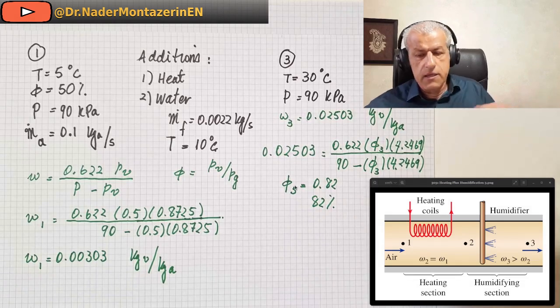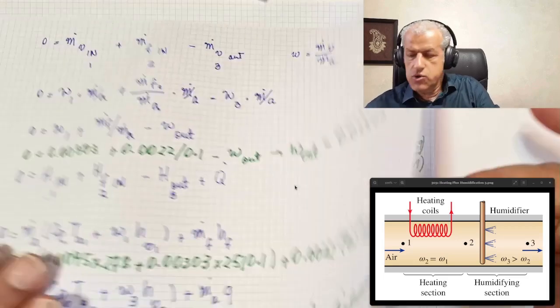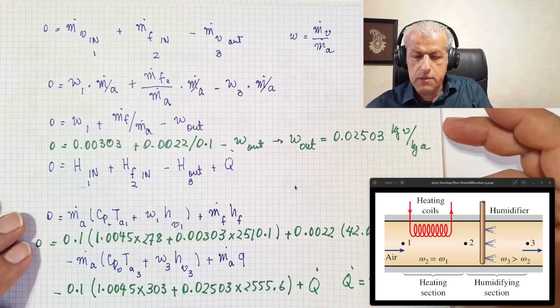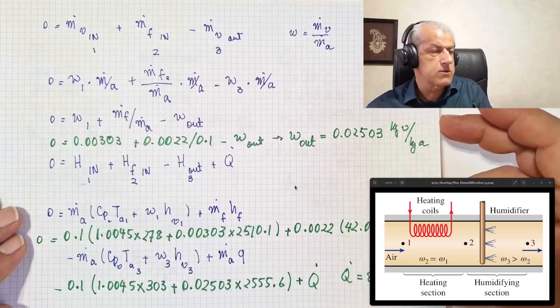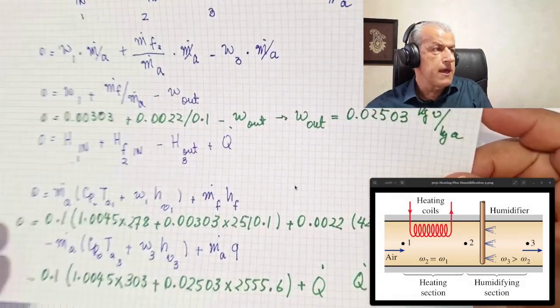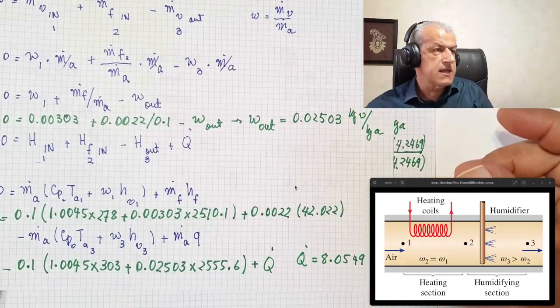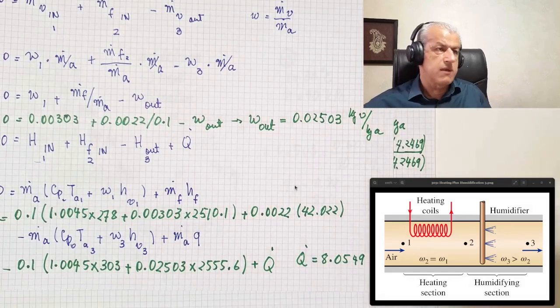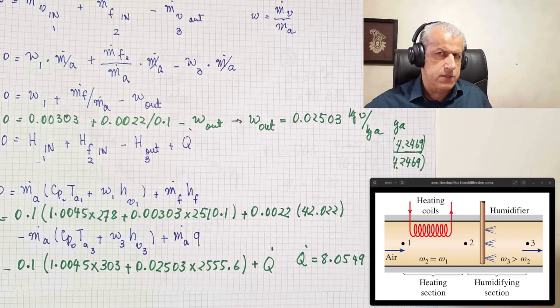And this all gave me the opportunity to calculate mass conservation and the energy conservation equations, and calculate how much heat should be added, so that if we add this much heat, we would have point 3. But there is a problem once we come to point 2.